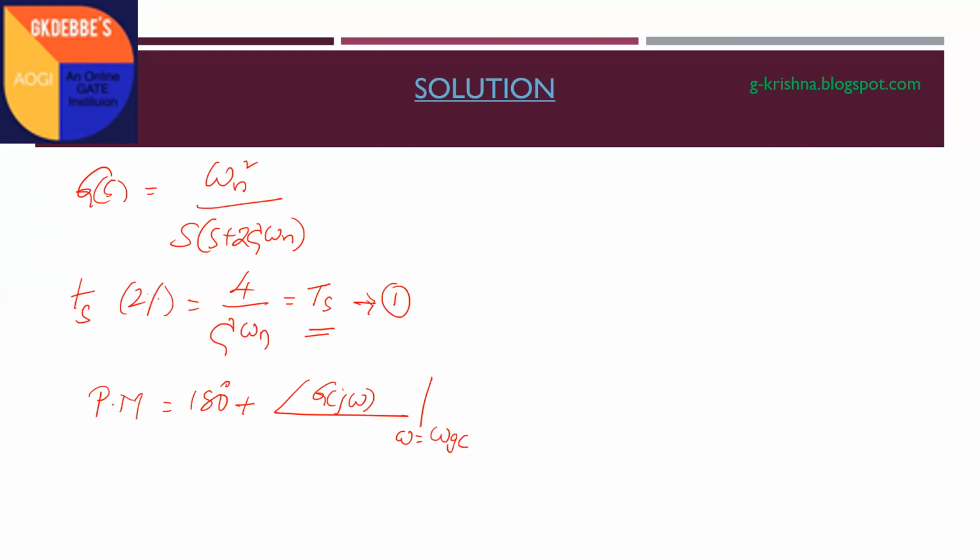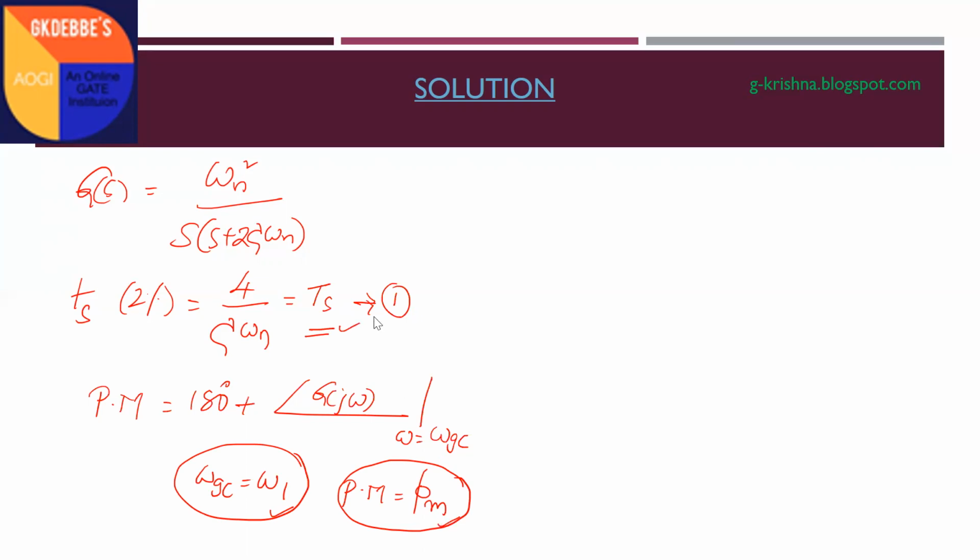Phase margin is always calculated at the gain crossover frequency, hence the given omega 1 is the gain crossover frequency, and phase margin is indicated with the notation phi m. We are asked to find the relationship between gain crossover frequency omega 1, phase margin phi m, and settling time Ts.